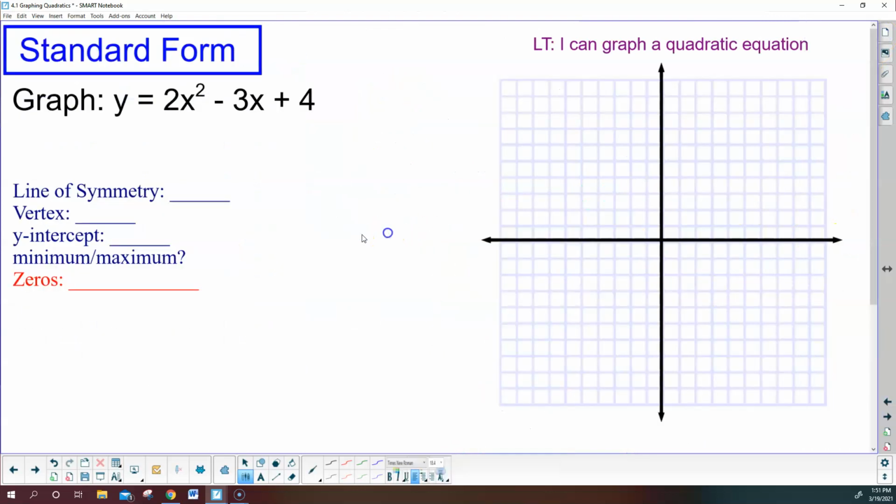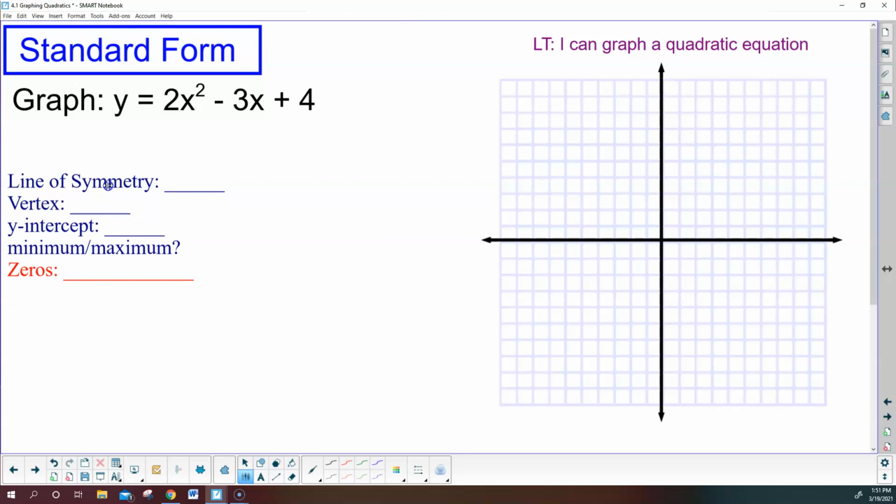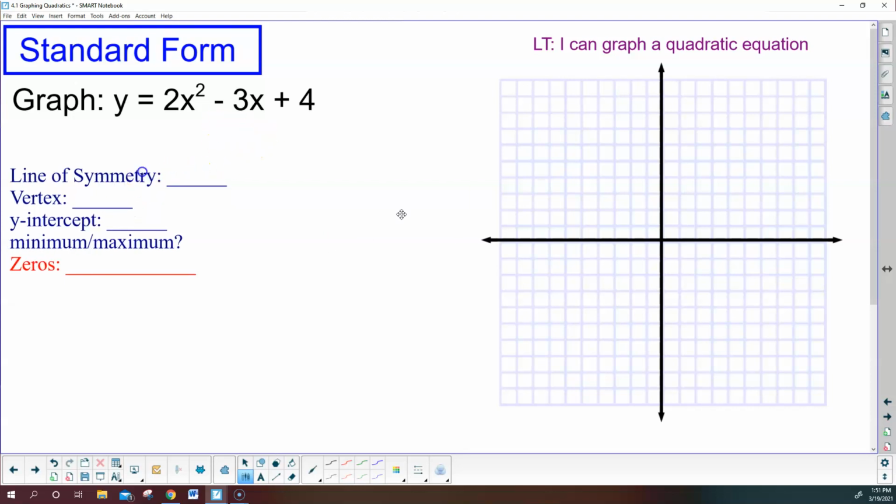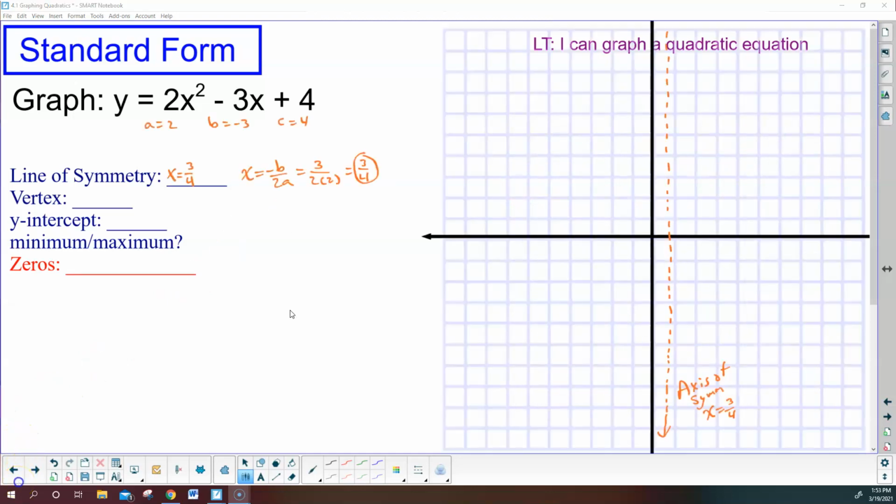Let's look at another one here. And what you should be doing here is just pausing your computer or pause the video and try this on your own. So I'm going to actually do that as well and set it up, and then we'll reveal the answers. So I calculated the line of symmetry or axis of symmetry first.